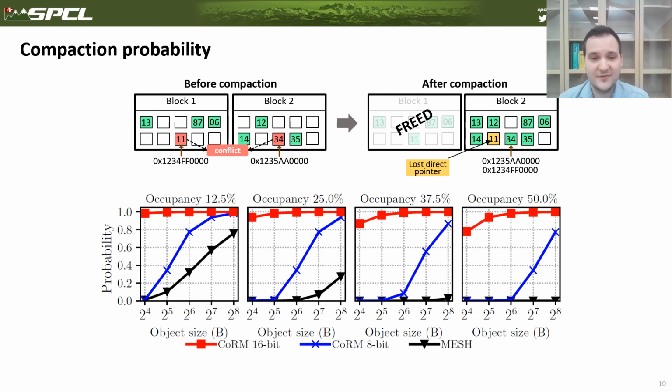And the main reason for that is that CoRM can support different object ID sizes that could allow it to boost compaction probability. But anyway, for the particular examples, CoRM with 8 bits outperforms Mesh in terms of compaction probabilities. What is more, you could see that Mesh was really great only at compacting low occupancy blocks.